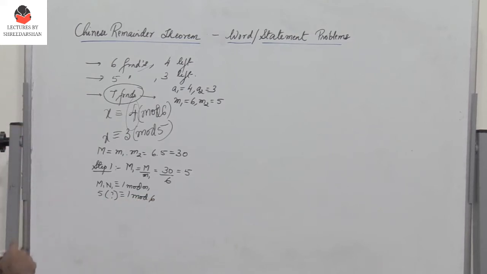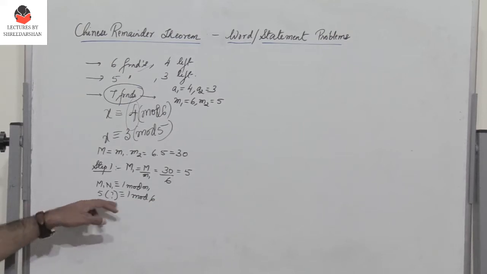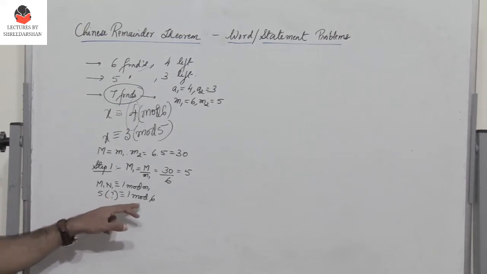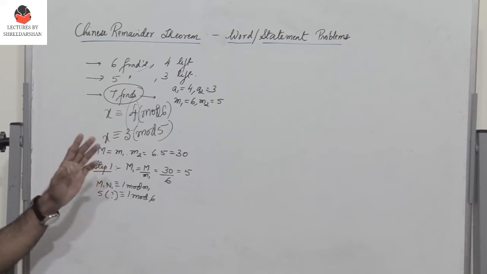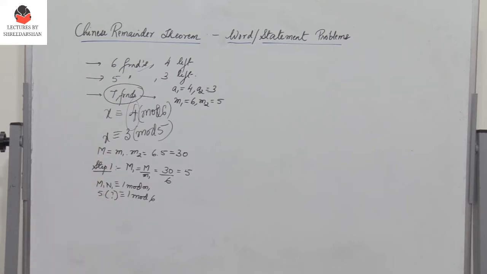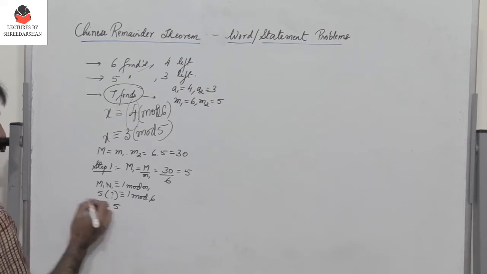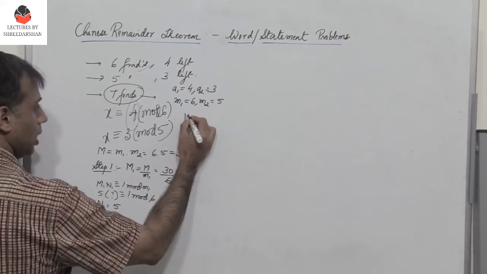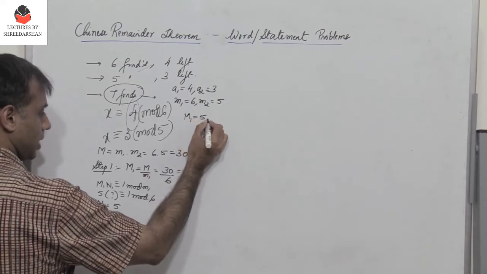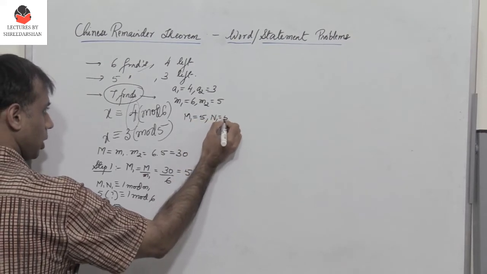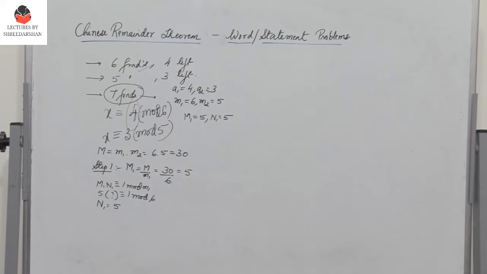So n1 is the inverse of 5. What is that value? 5 5s are 25 and 25 in mod 6 is 1. We can find the inverse by inspection or by trial and error. So n1 equals 5. These are the values we get.